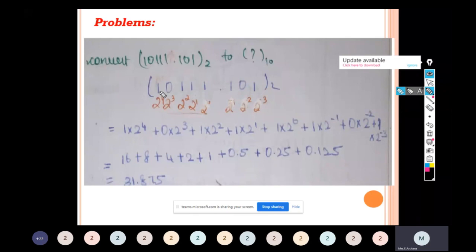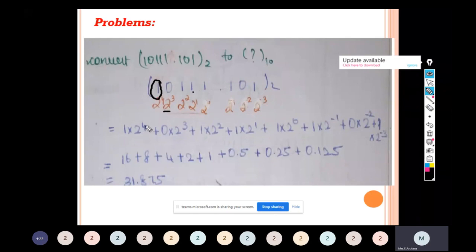The first digit is 1 with weightage 2 power 4, so 1 into 2 power 4, plus the next digit 0 with weightage 2 power 3, so 0 into 2 power 3, plus 1 into 2 power 2, plus 1 into 2 power 1, plus 1 into 2 power 0, plus 1 into 2 power minus 1, plus 0 into 2 power minus 2, plus 1 into 2 power minus 3.